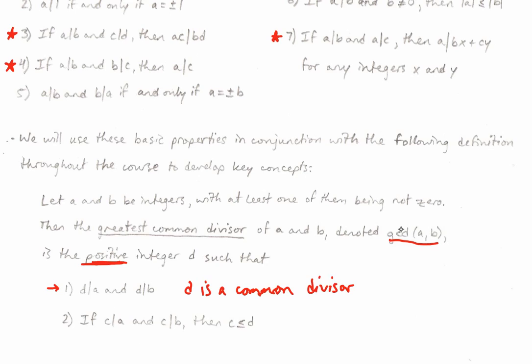That's what number 1 is saying. Number 2 is what tells us that d is the greatest. So that's where those two pieces are coming in. One is just saying, okay, this thing is a common divisor. The second piece is saying, okay, it's the largest one.